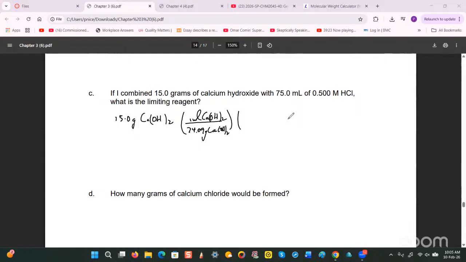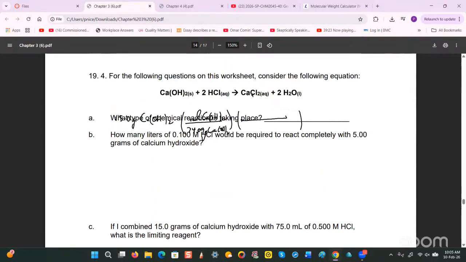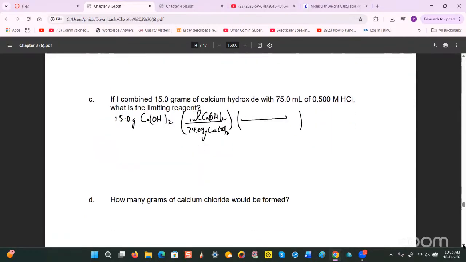And then the mole ratio this time would be between the calcium hydroxide and the product. You could choose any one of these two products. I'm going to use the calcium chloride as the product. So basically that's a 1-to-1 mole ratio.